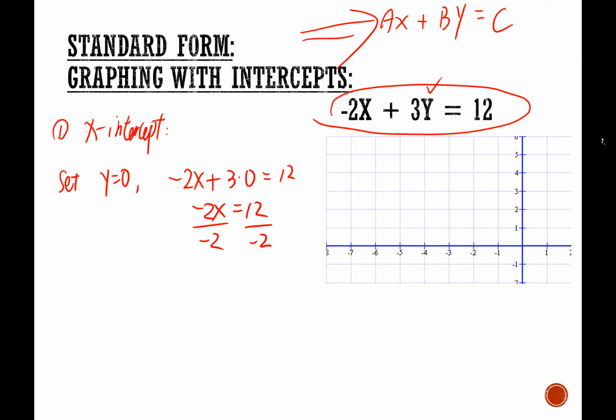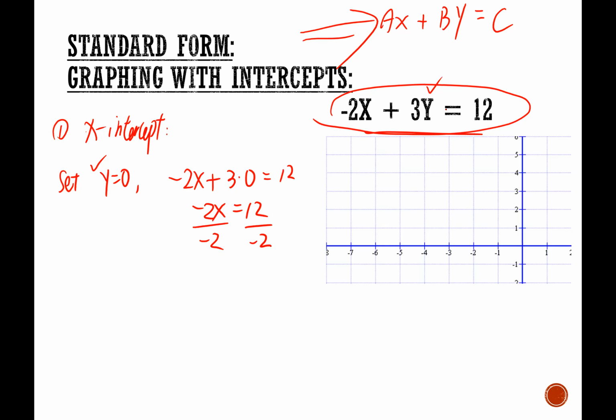Perfect. So here you go. This is a linear equation in the standard form, and we try to graph it. Before we can graph it, we need to get the X and Y intercepts. In order to get the X-intercept, we set Y equal to 0. That means replacing Y with 0 in the original equation.